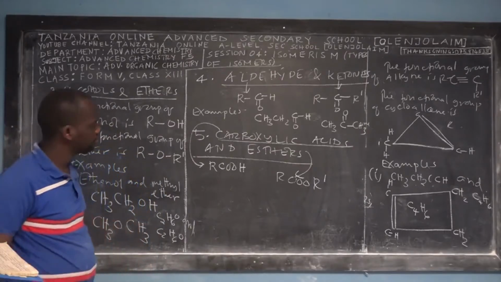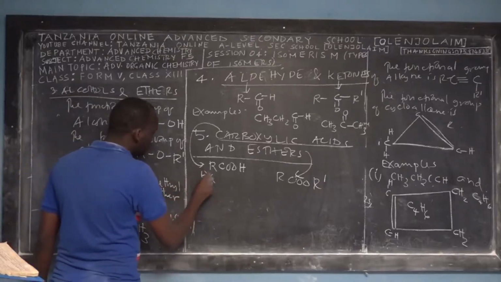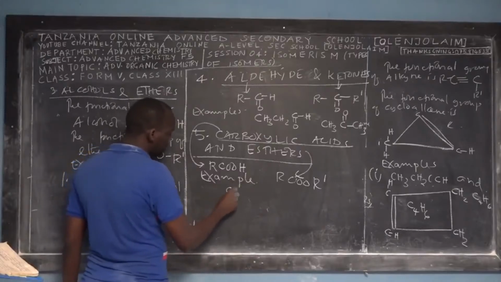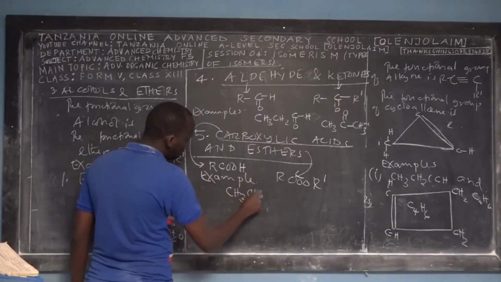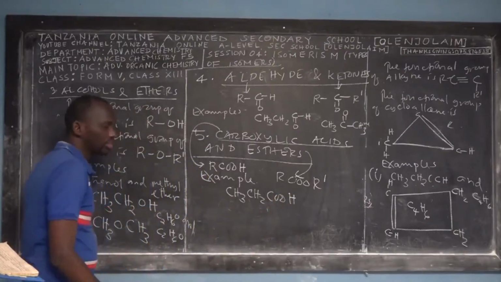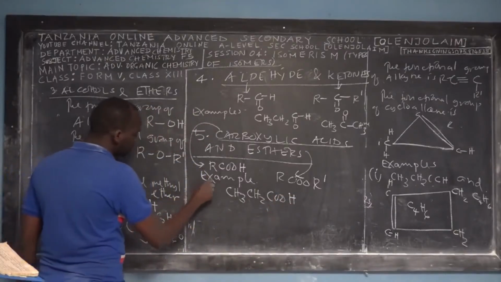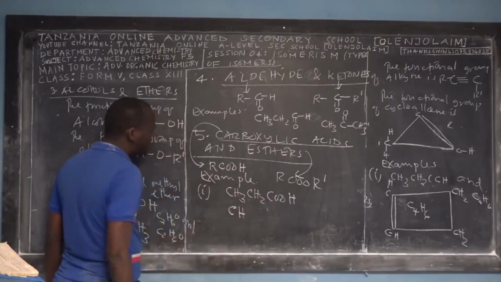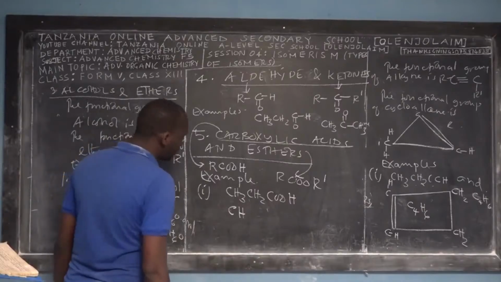Example, propanol is CH3CH2CH2OH. But we can have the same molecular formula with a different functional group.